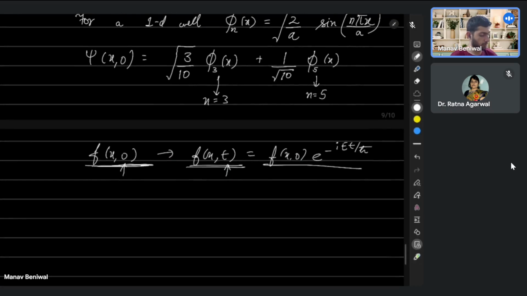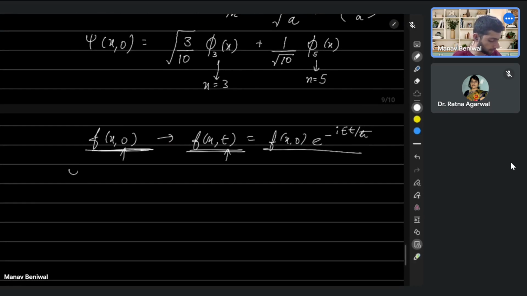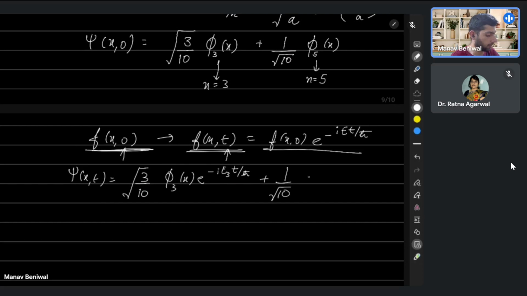Okay, so our psi x of t will look like psi x 0, so I will write this thing, and then I will multiply this with e to the power minus iota E3 t over h cut, and similarly this will be 1 over root 10 phi 5 of x multiplied by e to the power minus iota E5 t by h cut.